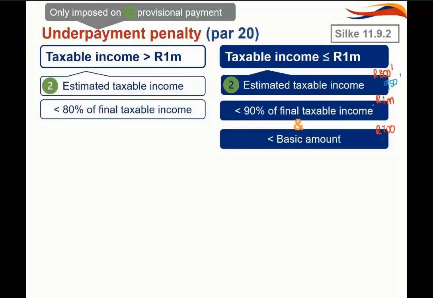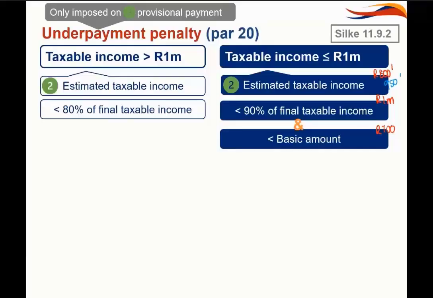My final taxable income was 1 million. Again, I will not be subject to an underpayment penalty because my estimate is not less than 90% of my final taxable income. Okay, so those are the principles that you need to work out to first determine, am I subject to an underpayment penalty, okay, or not?